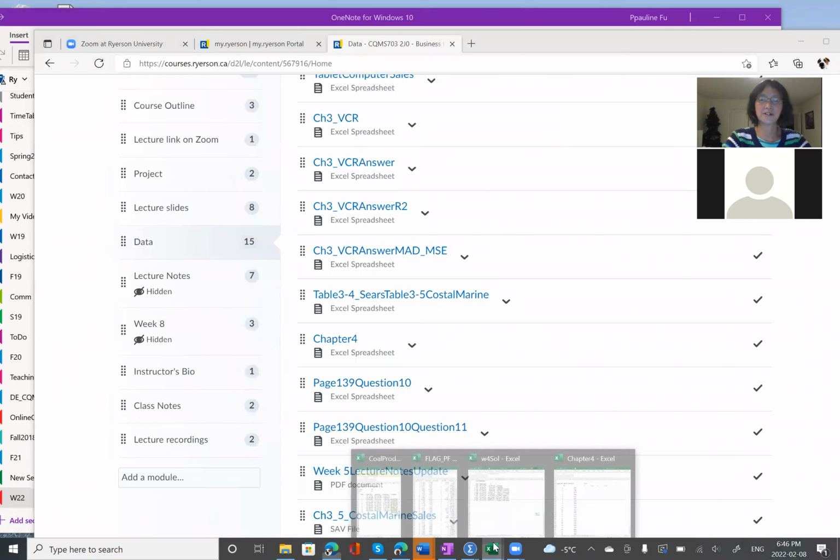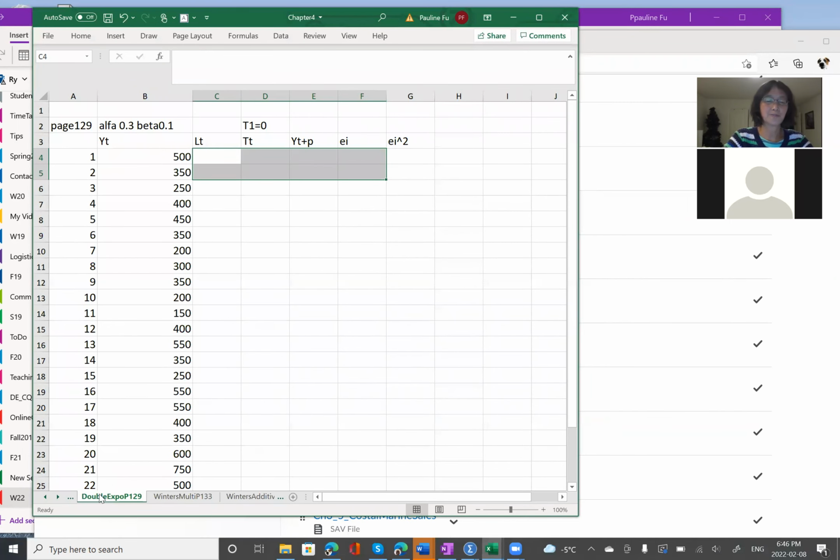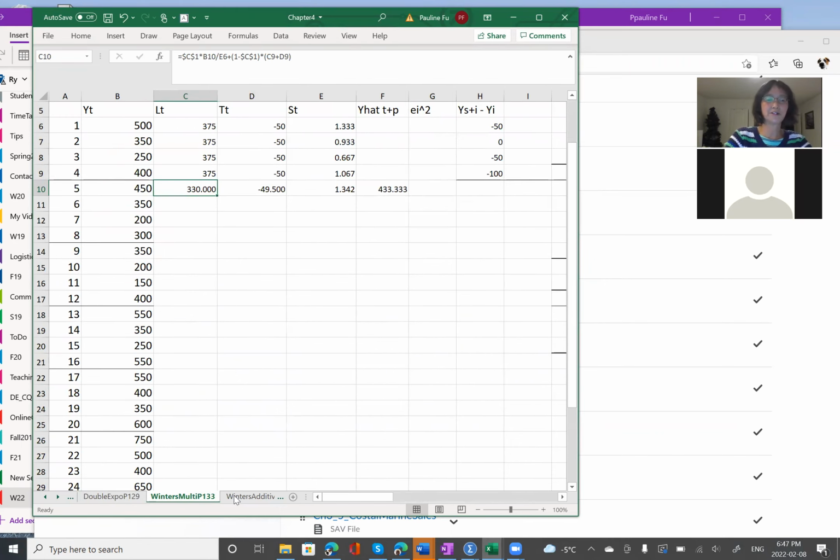Okay, so this is my file, chapter 4. Once you open the chapter 4 Excel, the tab name is double exponential page 129. Go to this, do not go to this page.